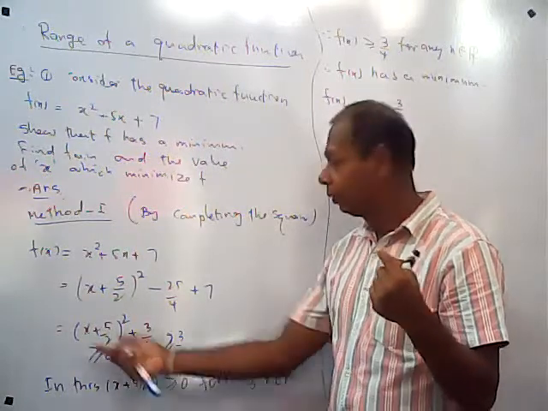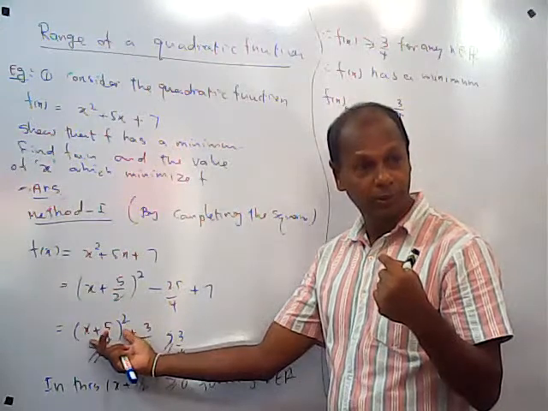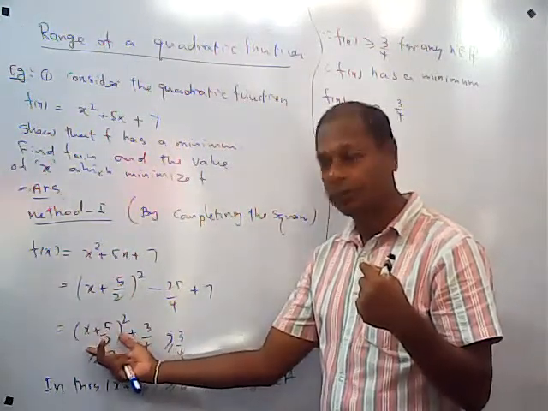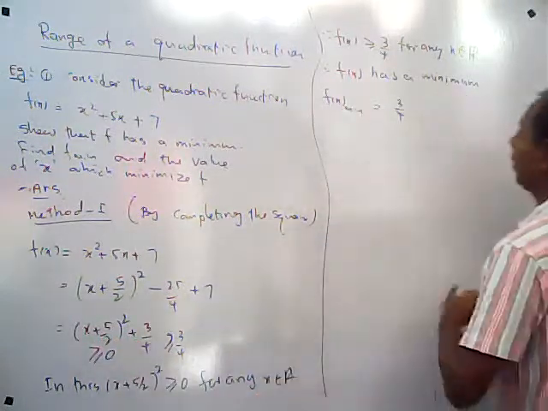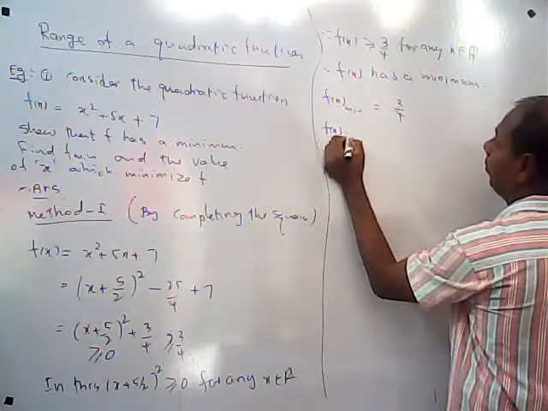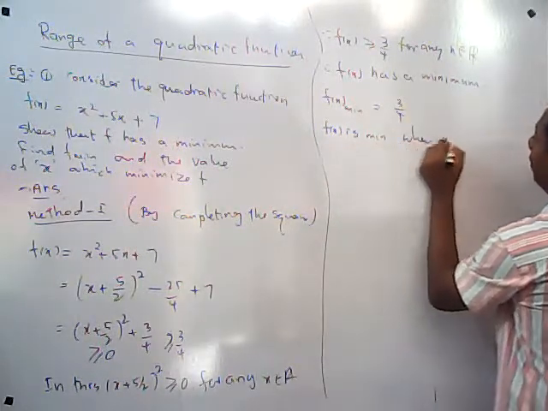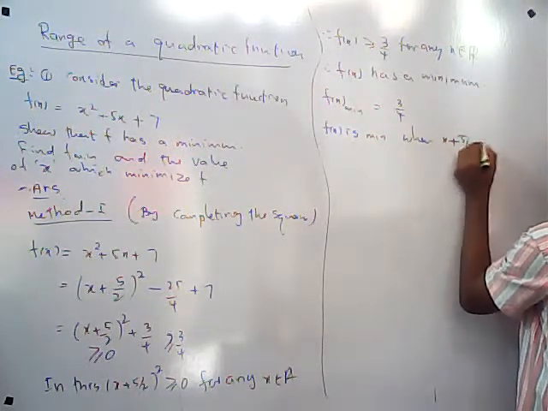f(x) is minimum when this part is equal to 0. Isn't it? When this whole part takes the minimum value, that is x plus 5 over 2 is equal to 0. f(x) is minimum when x plus 5 over 2 is equal to 0.